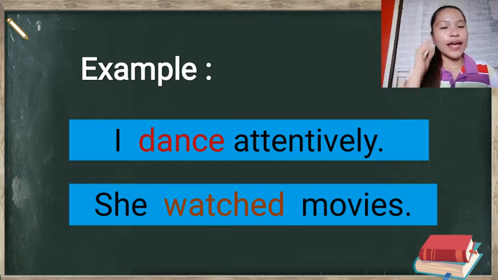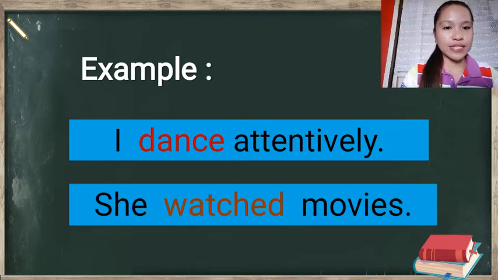In this example, dance is the verb and it answers the question what was the action or what happened. The next example is she watched movies. The verb there is watched.